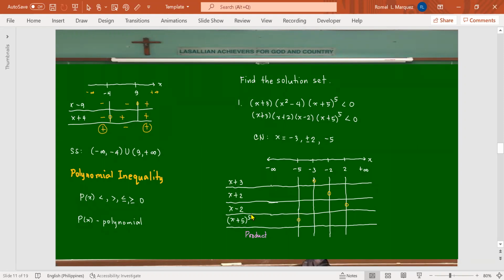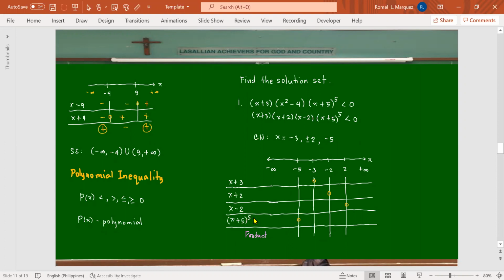If x plus 5 is raised to an odd exponent, you do not have to be afraid of the exponent. Even if it is raised to 1 million 10,005, as long as it is odd, it's like the exponent is 1.